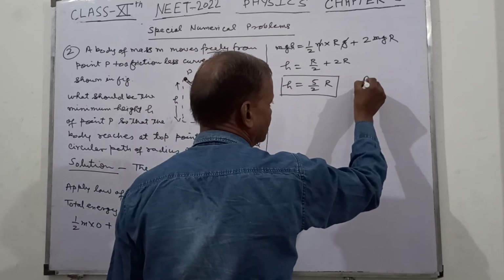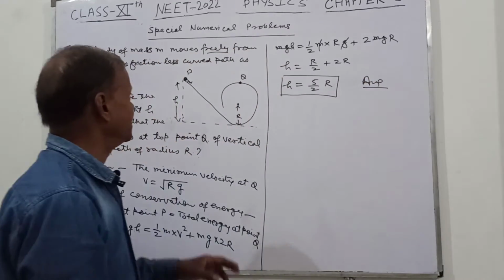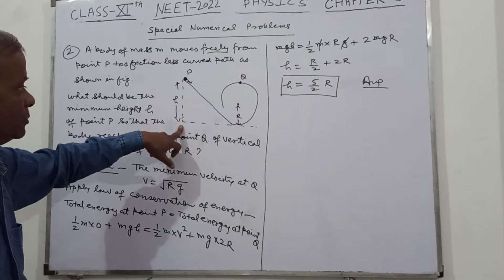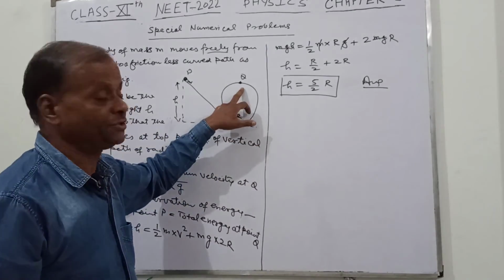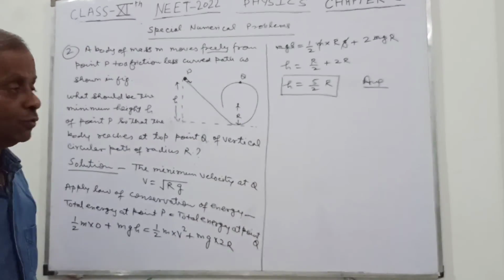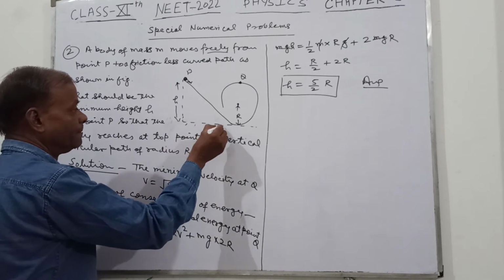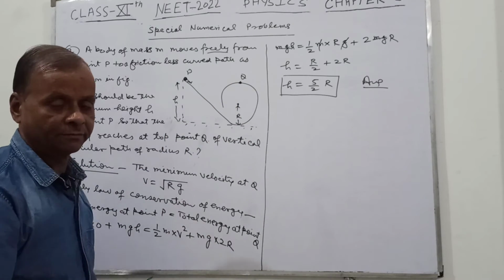This is the answer. So much must be the height of point P from the ground, so that the particle can reach the point Q, the top point of the vertical circle.